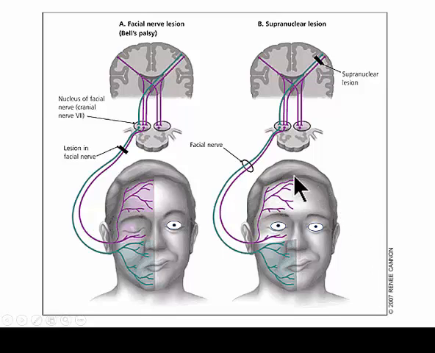So just remember, forehead sparing with a stroke. You lose it all if you cut the nerve. The lower face has contralateral cortical bulbar input only.